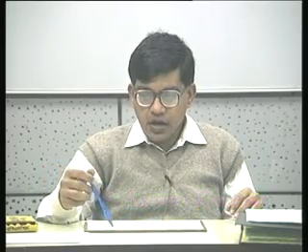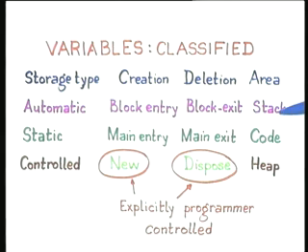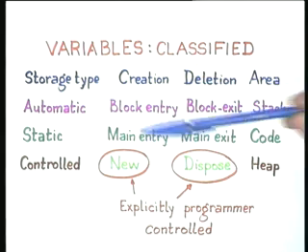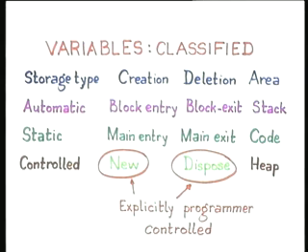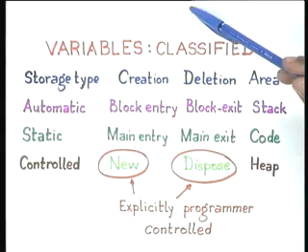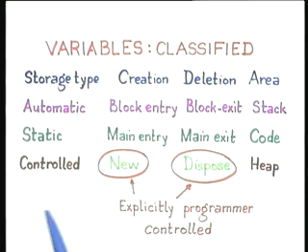And finally, we also classified variables into various kinds: those which are automatic, in the sense that they are created at block entry and destroyed at block exit; the own variables or static variables, which are created at the entry to the main program and have a lifetime extending right through the execution of the main program; and then of course there are programmer controlled variables, which are usually explicitly controlled by the programmer and usually allocated on the heap.